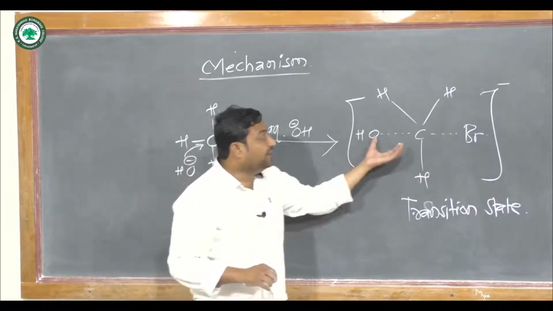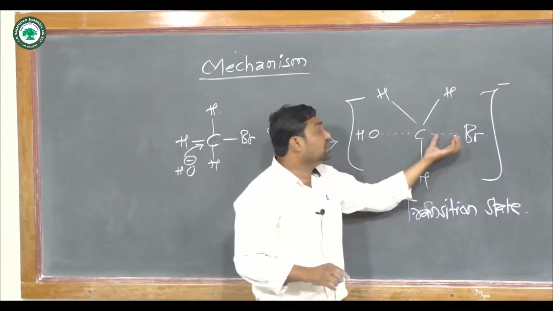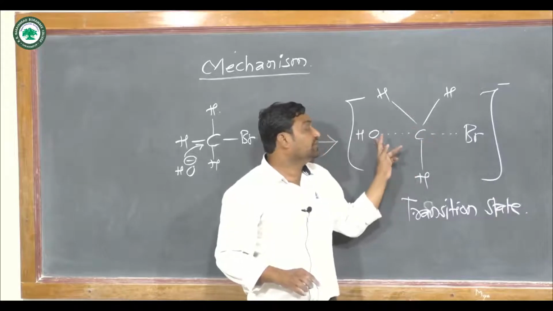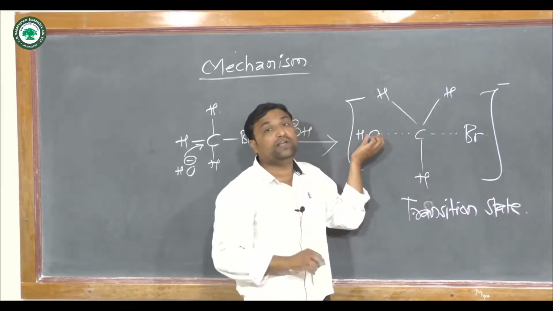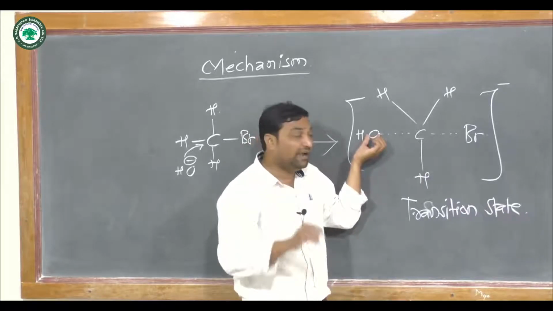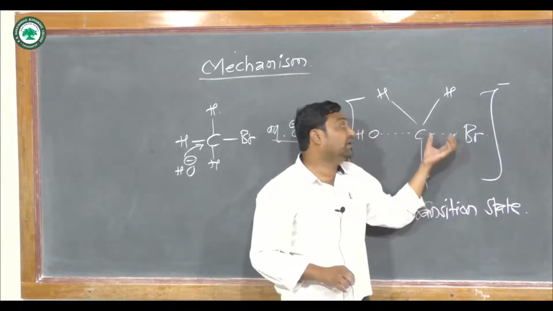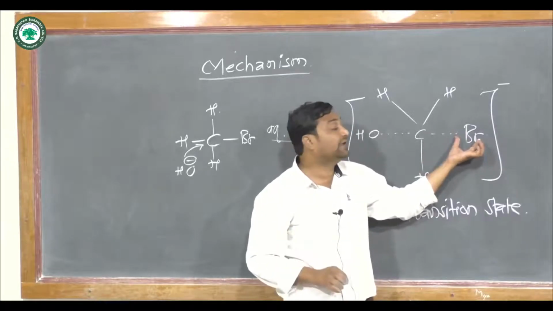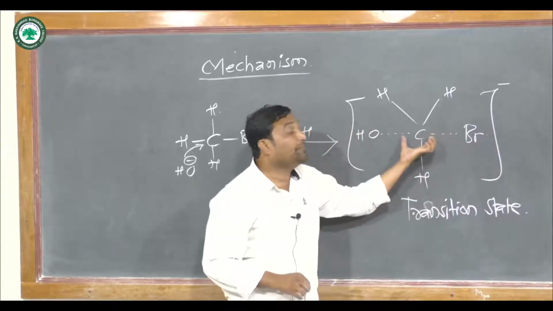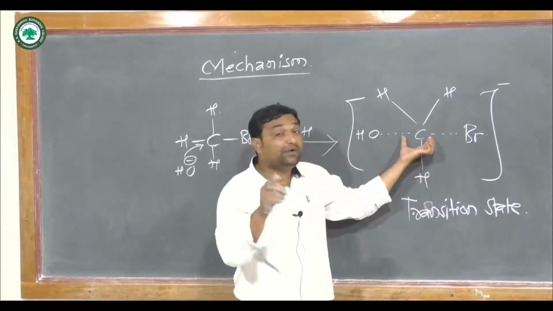Now look at this. These two bonds, that is the bond between carbon and the incoming nucleophile, that is OH negative, and the bond between this carbon and the outgoing nucleophile, that is the Br negative atom, are partially formed, shown by dotted lines.